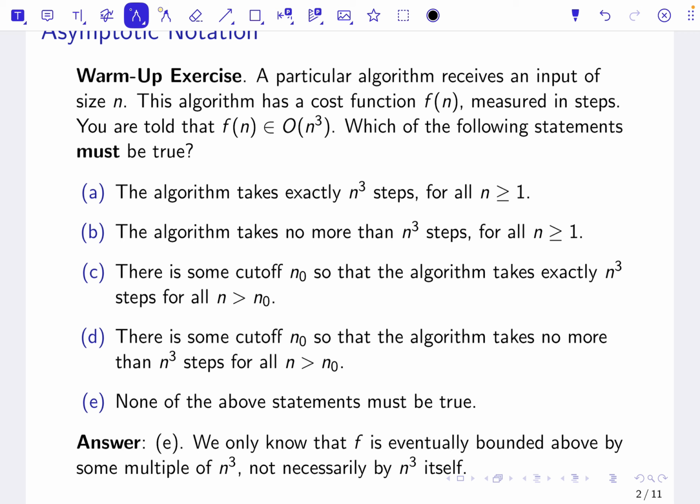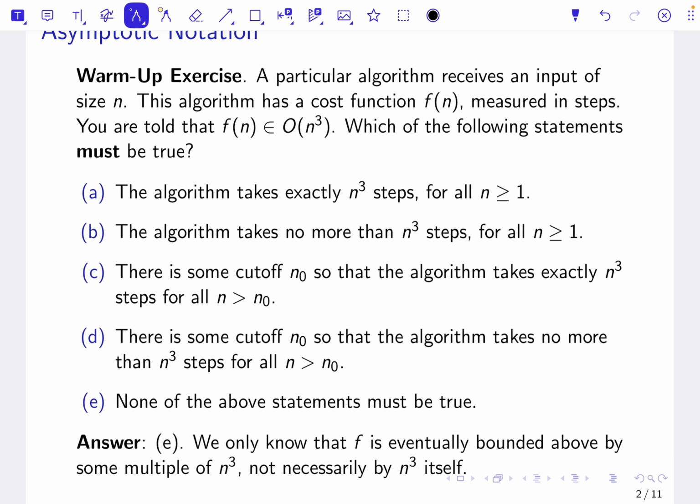And we want to figure out what that means. Informally, it means that it's like in the same order of n cubed. It's going to be a polynomial with a term n cubed, polynomial of degree 3.